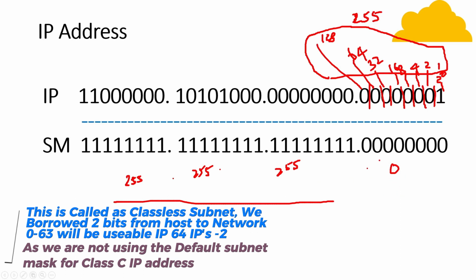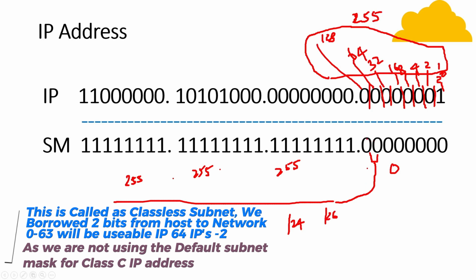Let us say, for example, if I wanted to have fewer IP addresses within the class C range, and I wanted to use these 2 bits for the network part also. So instead of writing /24 for the default, I have to use /26.